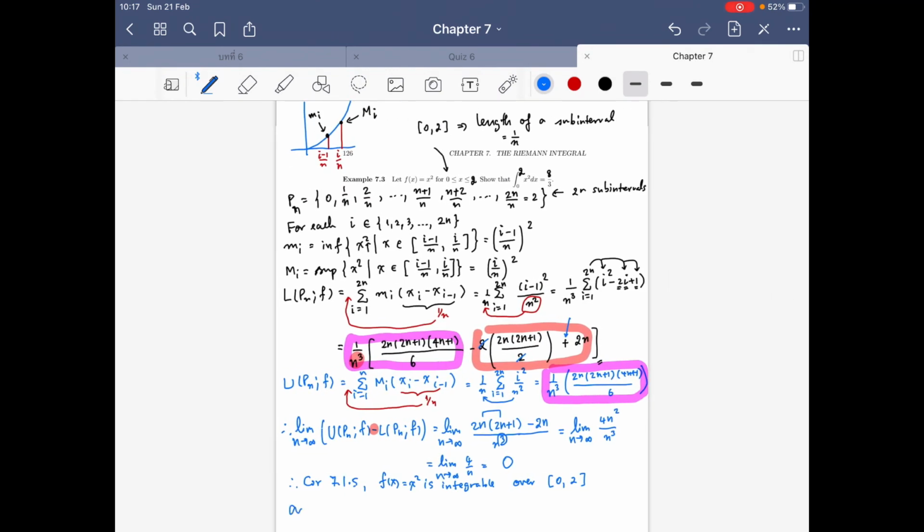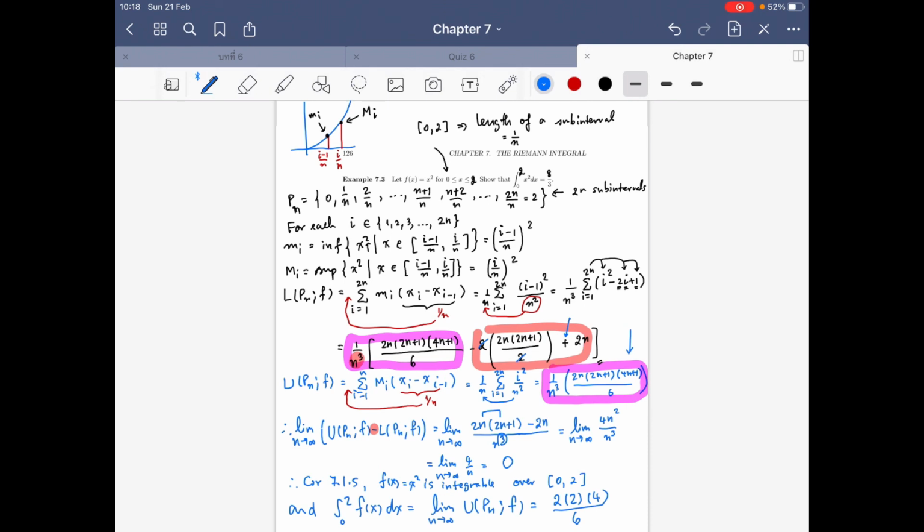And the integration value depends on whether it is the limit of L or the limit of U. So for this one, we are going to use the limit of U, the limit of your U_n. Here, because you have n cubed on the bottom and also n cubed on the top, you just collect the coefficient of the largest power, which is 2, 4, and then on the bottom is 6.